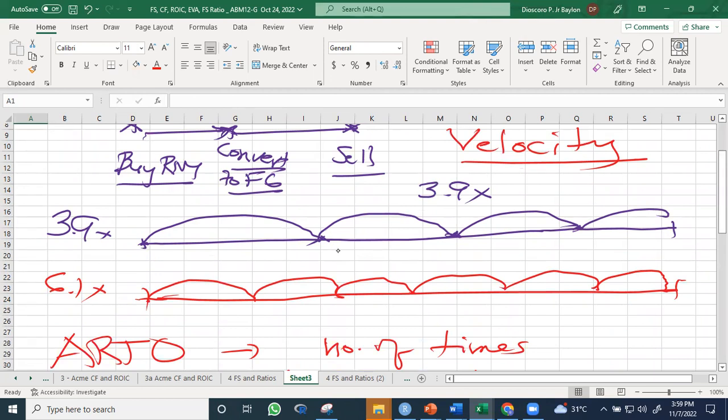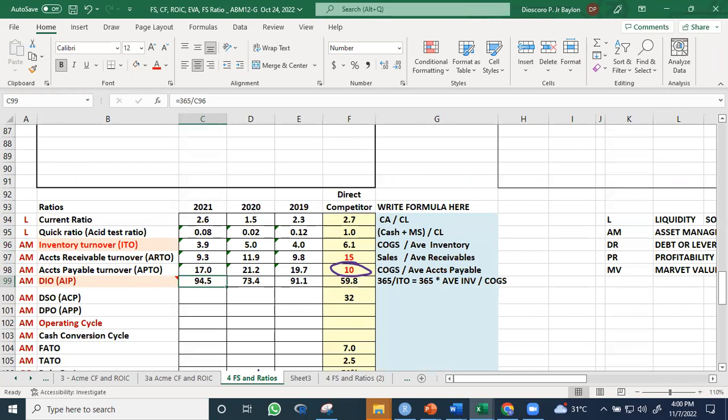So it takes the company 94.5 days to buy raw materials, convert to finished product, and then sell. 94.5 days yan. So equivalent in 3.9 times sa 94.5 days. While on the other hand, si competitor, 59.8 lang.